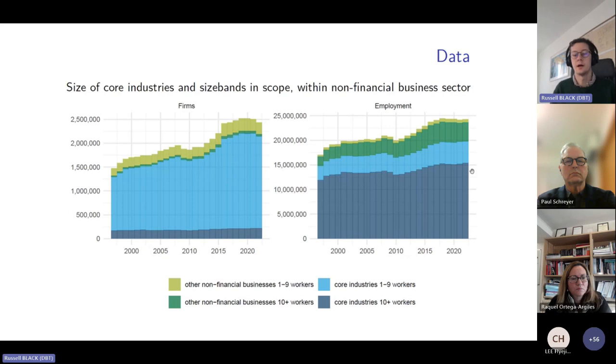Why are we doing this? We don't actually have enough sample. We don't have enough companies that are 1 to 9 workers to accurately weight up to the population. So at least if we focus on companies that are 10 plus workers, the population of that is only around 250,000 companies.